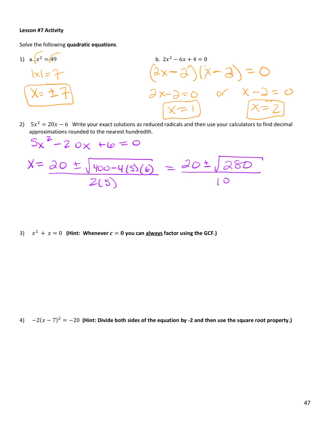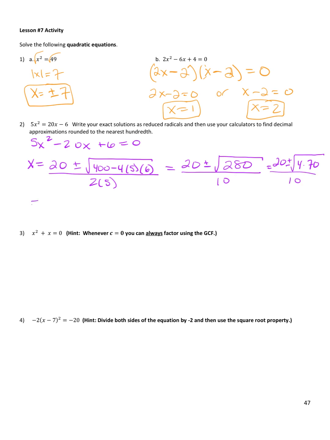All over 10. And then I have to decide if 280 has any perfect square factors. And I believe that the only one is 4. So I'm going to rewrite this as 20 plus or minus the square root of 4 times 70, all over 10.